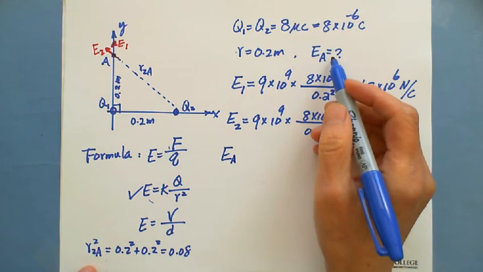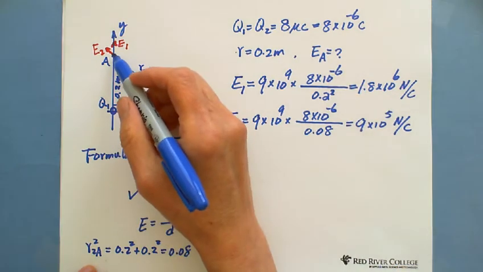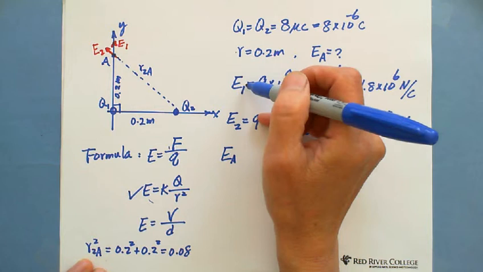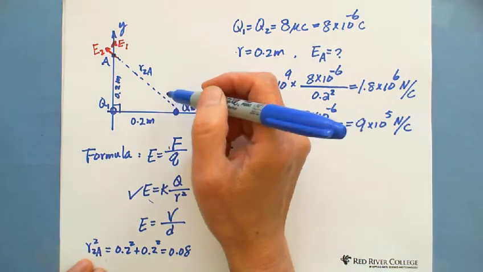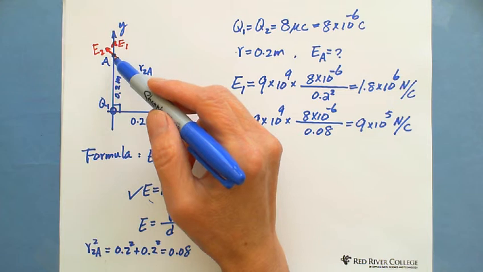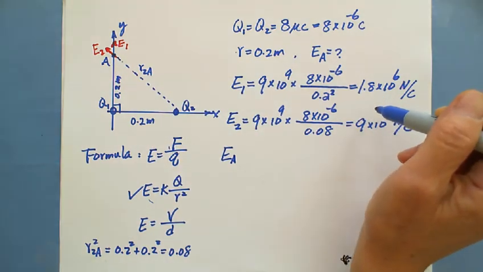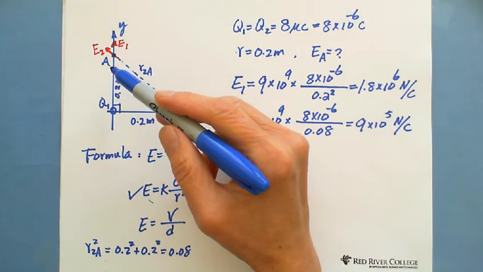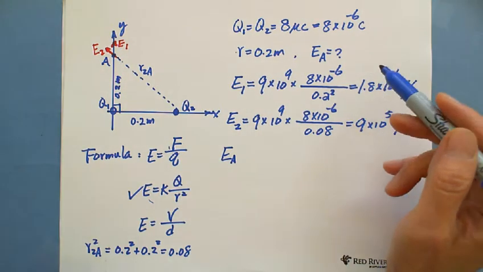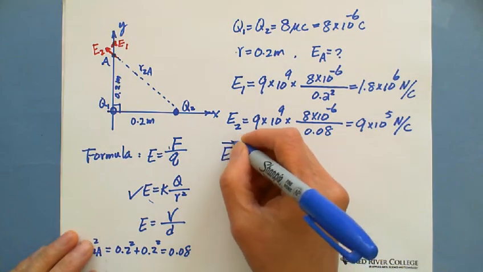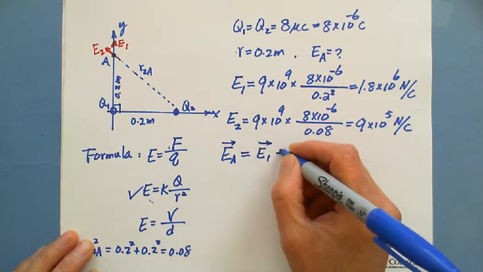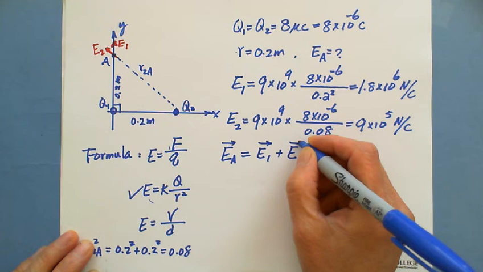The total electric field strength at point A is the summation of E1 and E2. Because electric field strength is a vector, it has not only magnitude but also direction, so we cannot simply add these two numbers. We need the vector summation, which is E1 vector plus E2 vector.